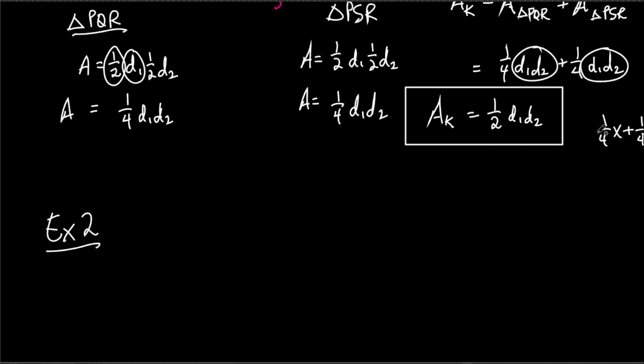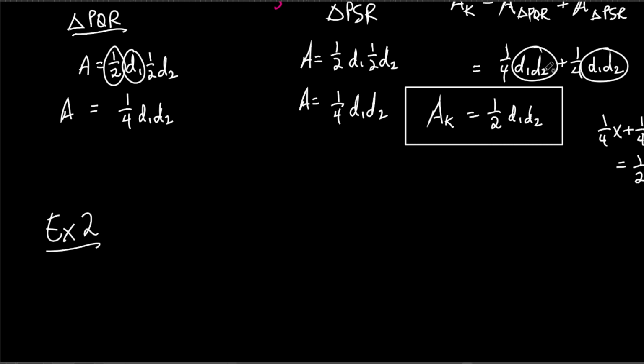So if I have a quarter of an x plus another quarter of an x, I got half of an x. So if I have a quarter of D1 D2 plus a quarter of D1 D2, I have now a half of D1 D2. Agreed?